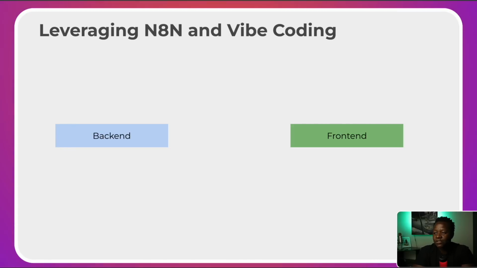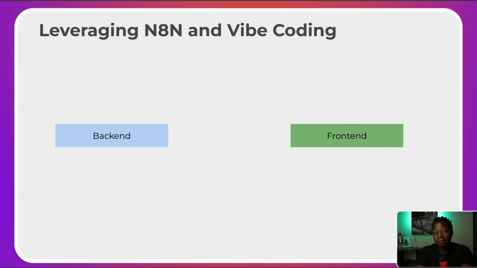So n8n can be used as an automation tool, but also as a backend, which I will show you. So we're going to use n8n as the backend of our application, and then the front end is going to be built using vibe coding. And the cool thing is, as you will see, we can use both.